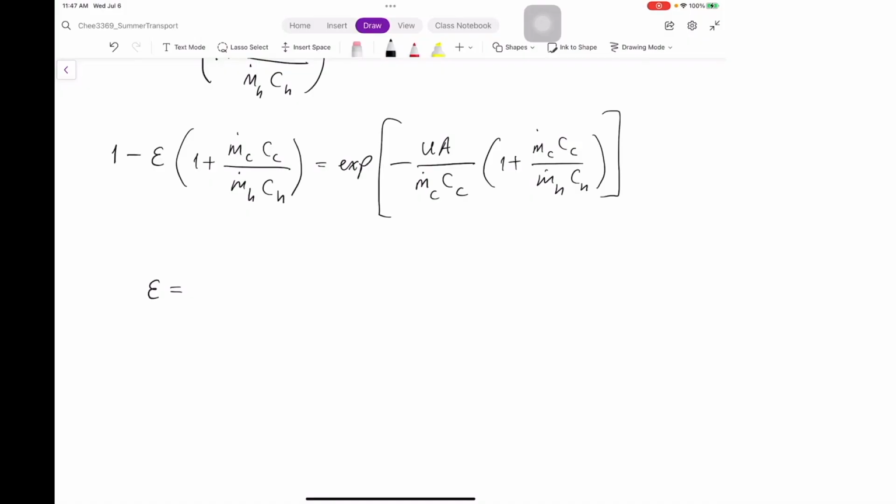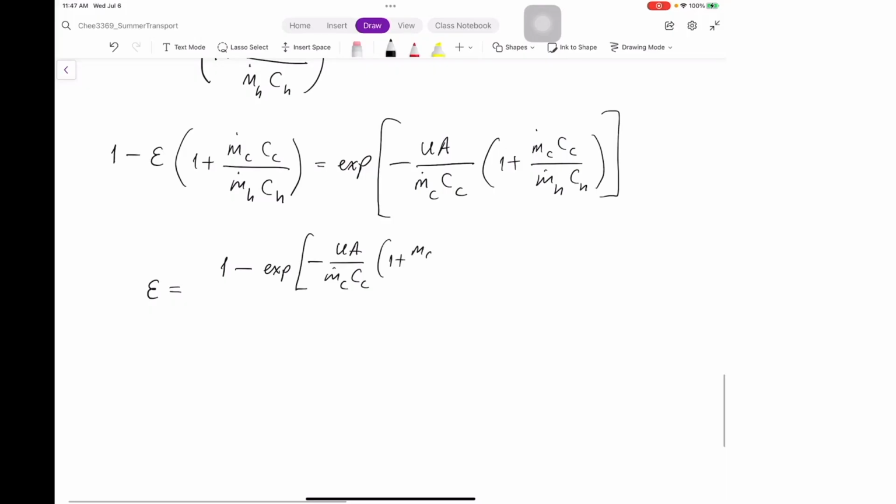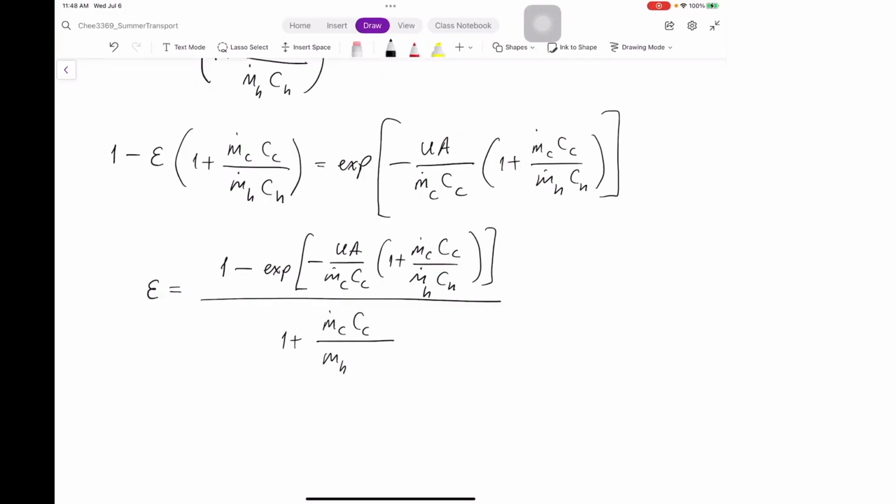So you can calculate it without knowing the temperatures, which is 1 minus exponential minus UA over m dot_C C_C times 1 plus m dot_C C_C over m dot_H C_H, divided by 1 plus m dot_C C_C divided by m dot_H C_H.